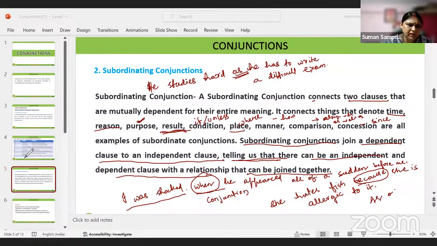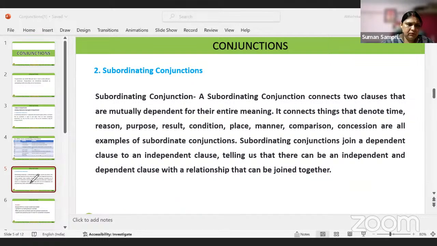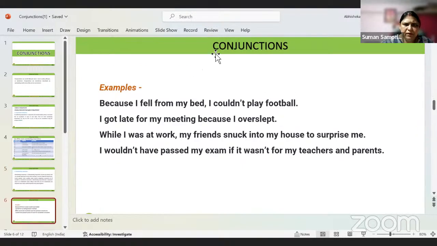We will also look at some examples in the next slide. Very good. Now let us see some examples of subordinating conjunction. Because I fell from my bed, I could not play football. So it is showing what? It is showing reason.